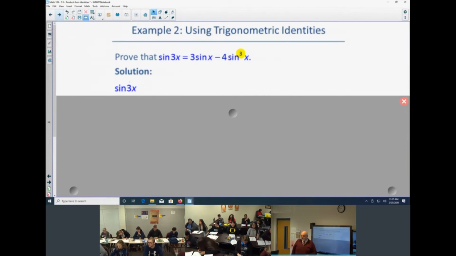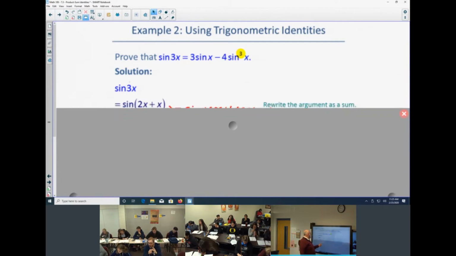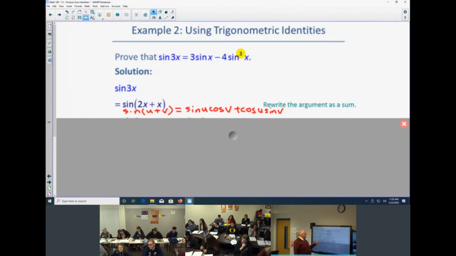Okay, now that's a little bit tricky, but when you see sine 3x, think of it as sine 2x plus x. And so now you're going to use the u plus v formula, the sine of u plus v, sine of u cosine v plus cosine u sine v, okay, from yesterday.